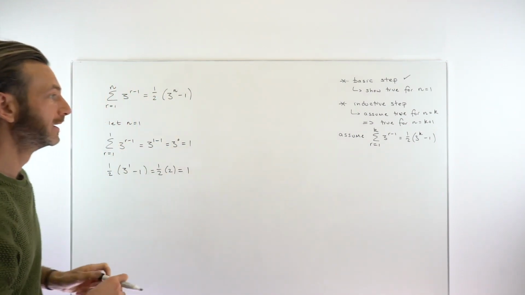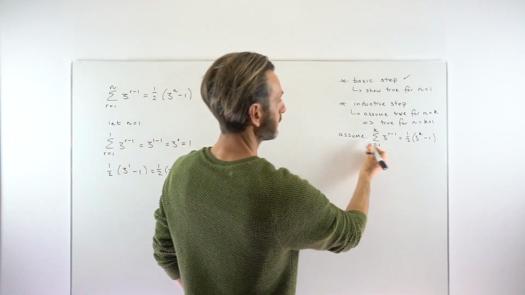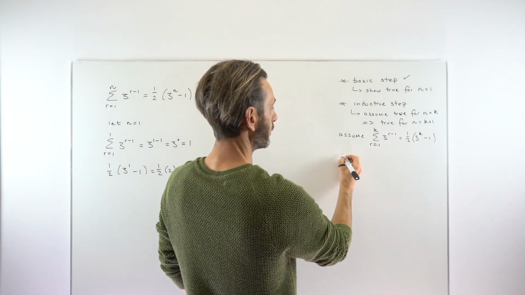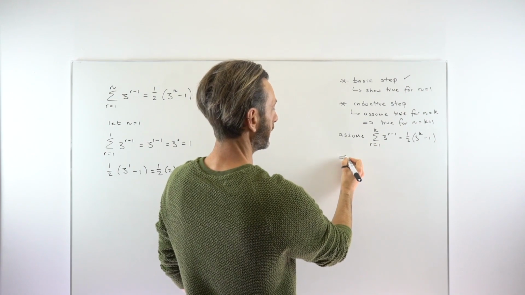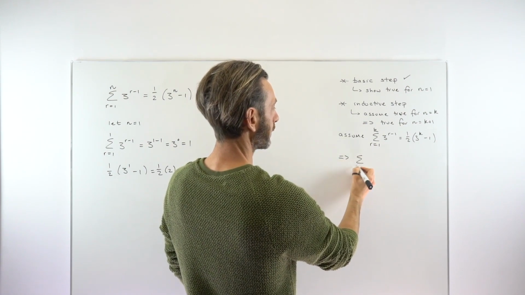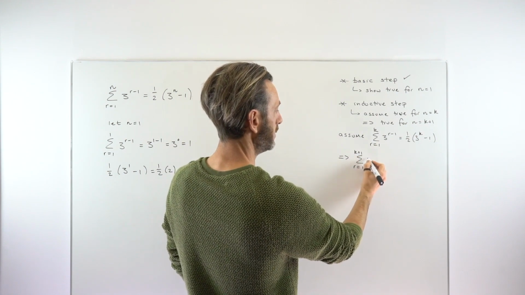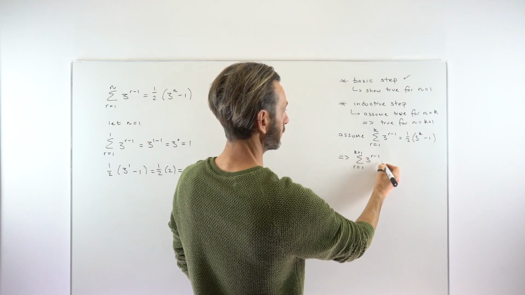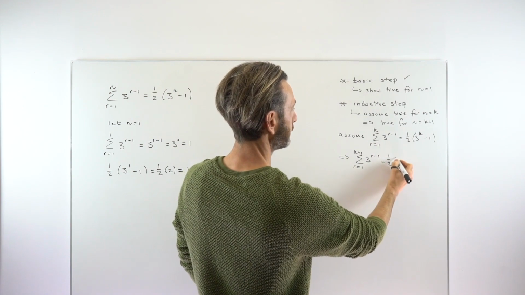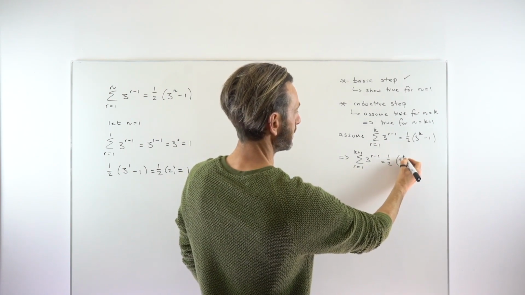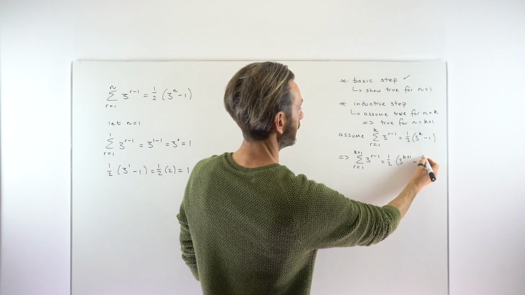So all we're doing in that assumption is replacing the n with a k or some other letter, but we often use k. What we want to then do is that if that assumption is true, we want to show that it implies that the sum from r equals 1, not to k, but to k plus 1, of 3 to the r minus 1 equals 1/2, but instead of 3 to the k, 3 to the k plus 1 minus 1.